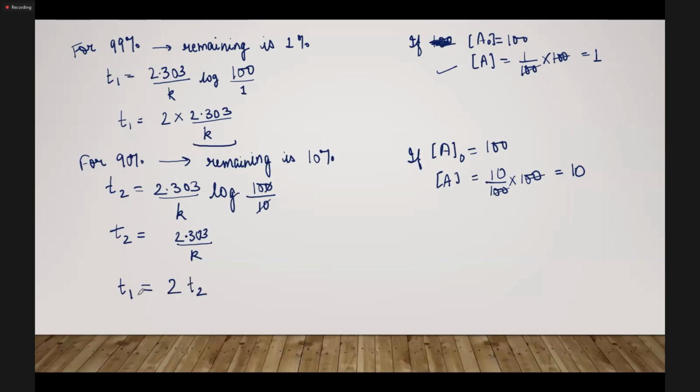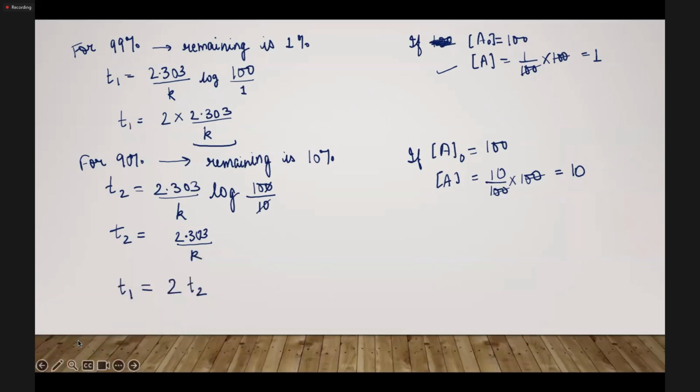So that is why, T1 is for 99% completion. So we can say that the time which is required for 99% completion is twice the time required for 90% completion of the reaction. But this is not a general statement.